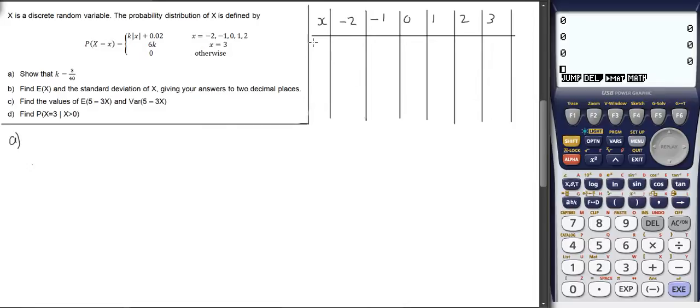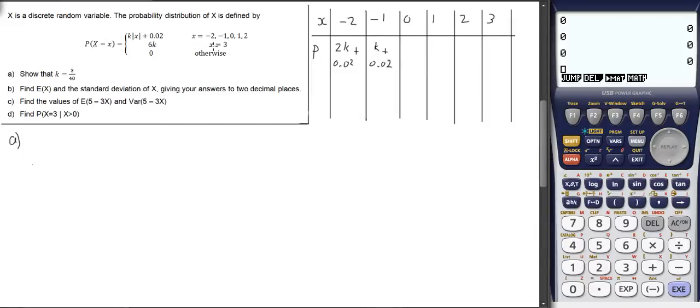So if I put the probabilities in here, the formula is k times the modulus of x, which means forget whether or not it's negative, just make it positive, plus 0.02. So when x is 2, we've got 2k plus 0.02. When x is 1, we've got 1k plus 0.02.